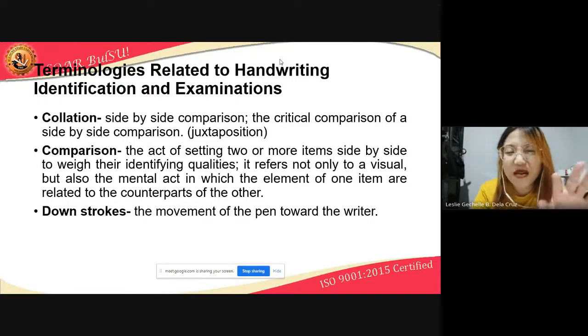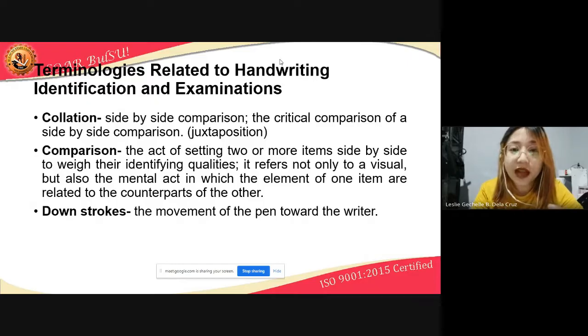Sa collation, yung pagtabi lang nila. Yun na yun. That's already collation. Yung comparison kapag tinitignan mo na rin siya, kapag ine-examine mo na rin siya. Kaya nga sabi, weighing their identifying qualities. It refers not only to a visual but also the mental act in which the element of one item are related to the counterparts of the other.